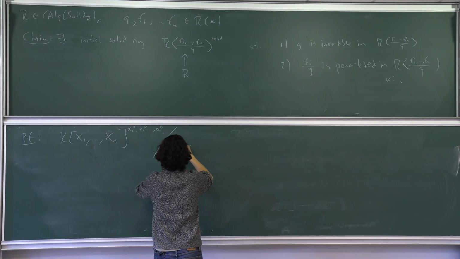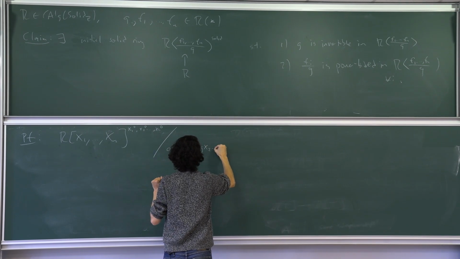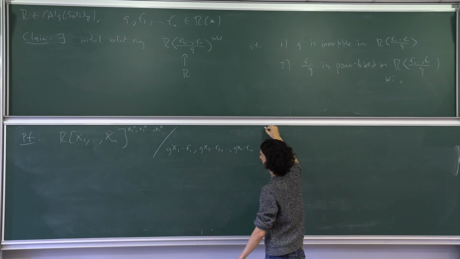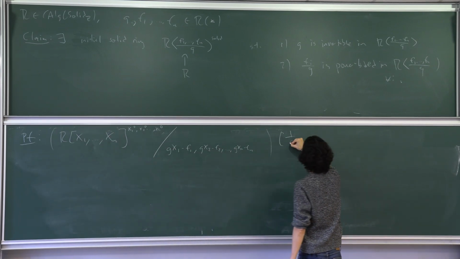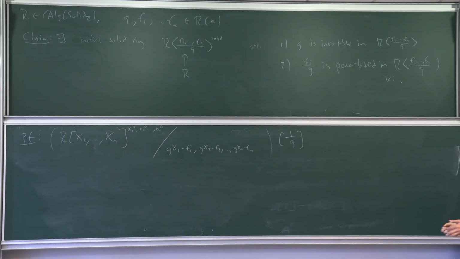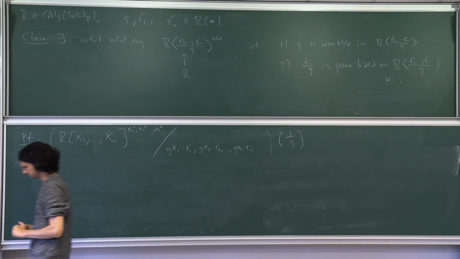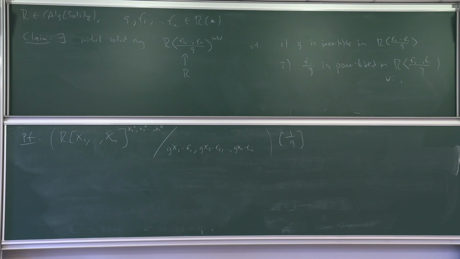So Gx_1 minus F_1, Gx_2 minus F_2, Gx_n minus F_n. And then it doesn't matter at which point you invert G, but let's do it at the end. This obviously satisfies the correct universal property.